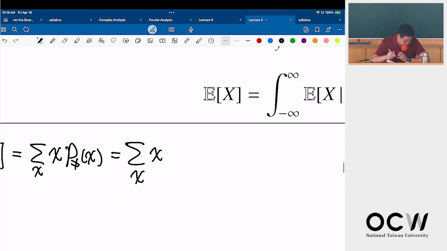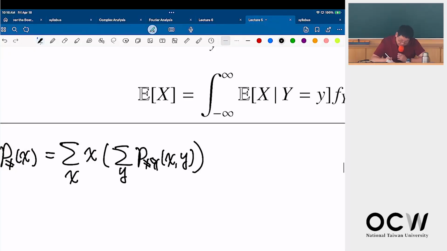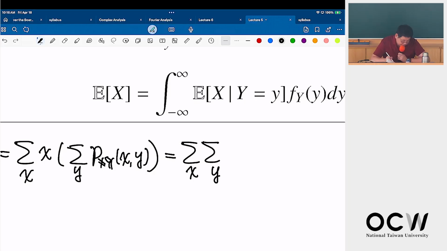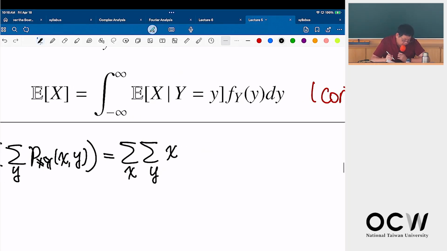Which means I have the summation of my joint PMF, and sum y out. So here I have a double summation over x and y. And what is the joint PMF?